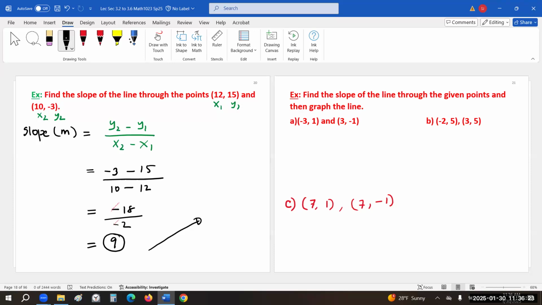Sergio. So your first pair, is it X1 or X2?